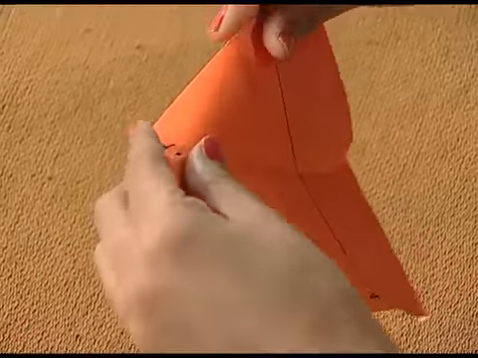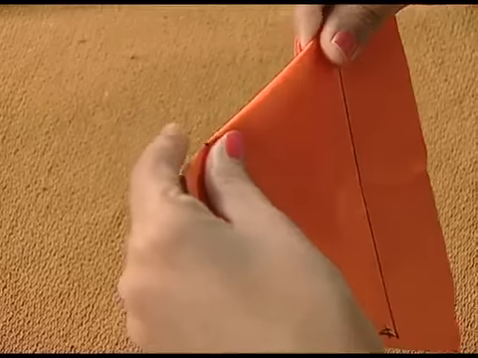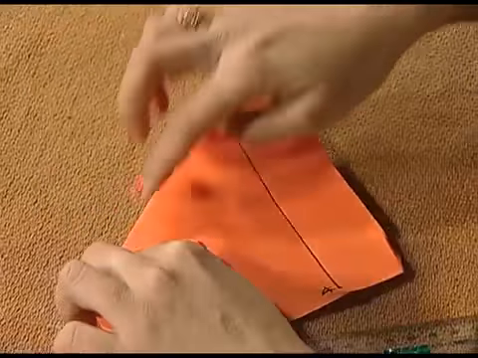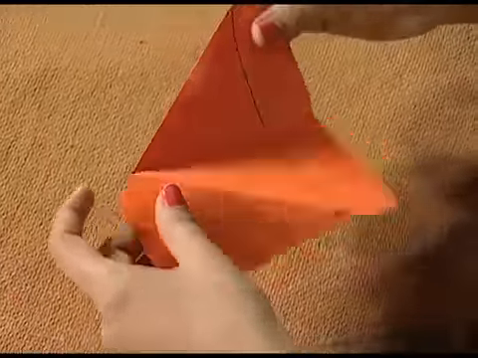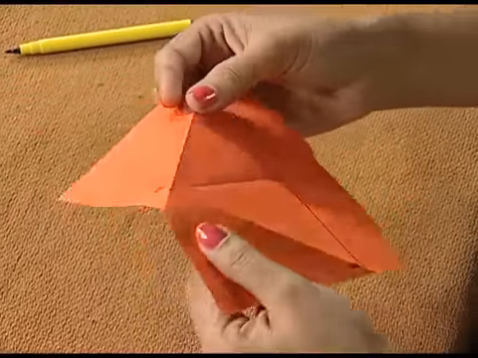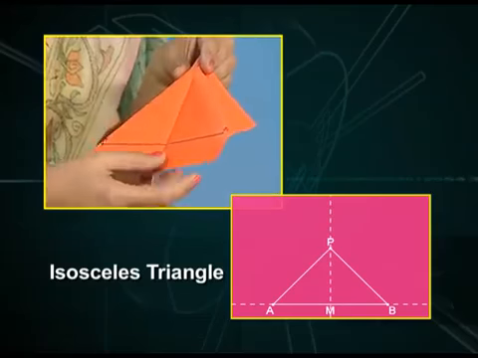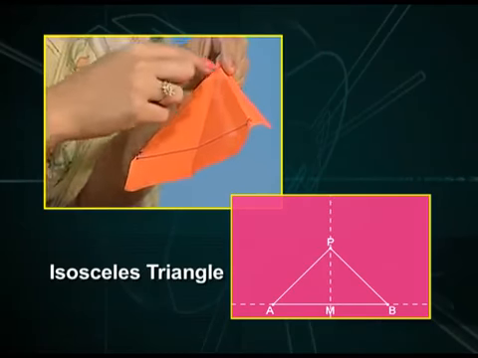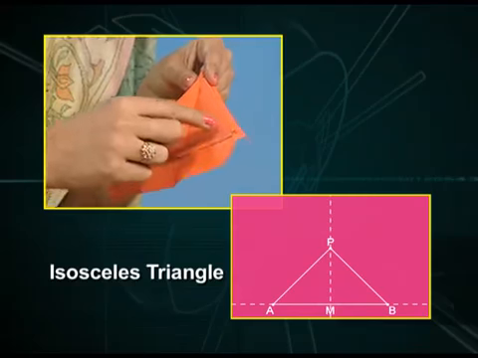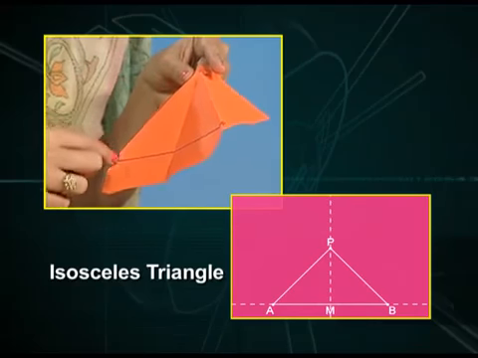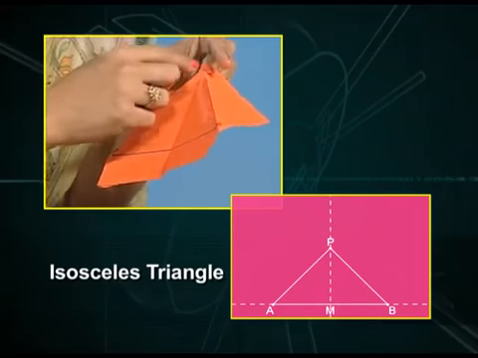Now you tell me, what is an isosceles triangle? A triangle having two sides equal is called an isosceles triangle. As you can see that PA is equal to PB. Because PA is equal to PB, it is an isosceles triangle.